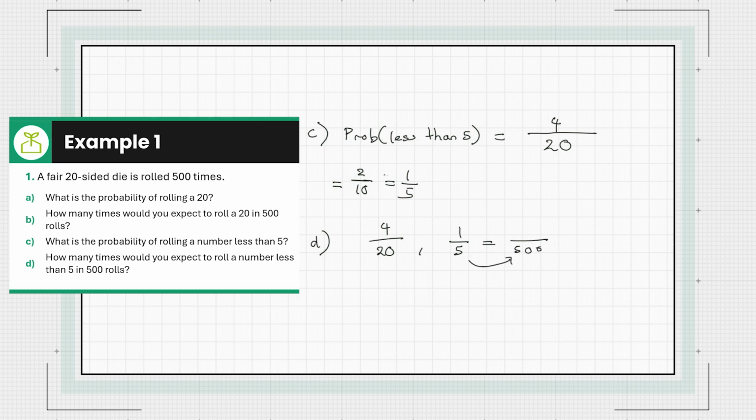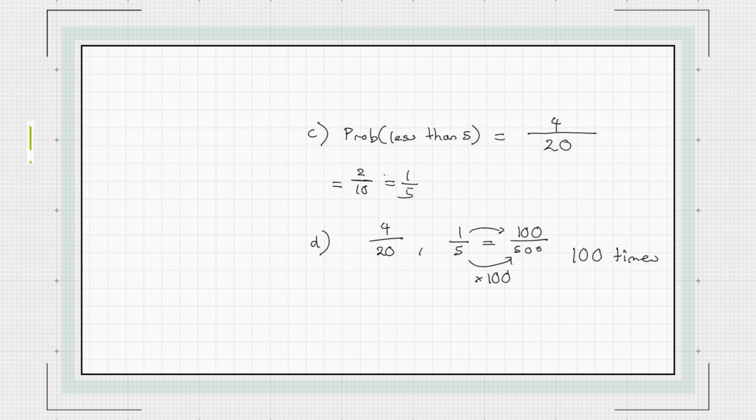To go from here to here, I've multiplied by 100, which means I have to do the same thing to the top. And what I've got is that I would expect it to occur 100 times. So out of 500 potential rolls, I would expect 100 of those to be less than 5.